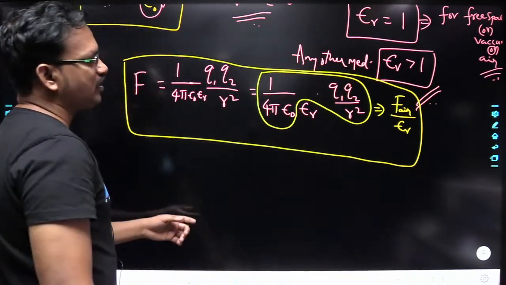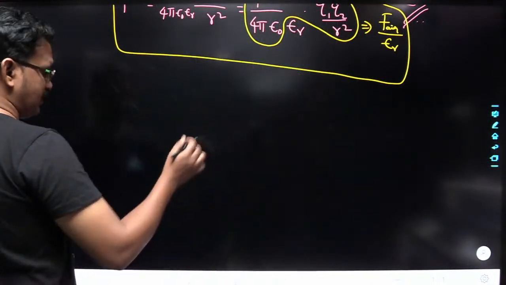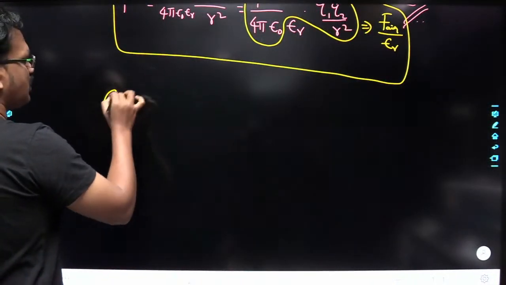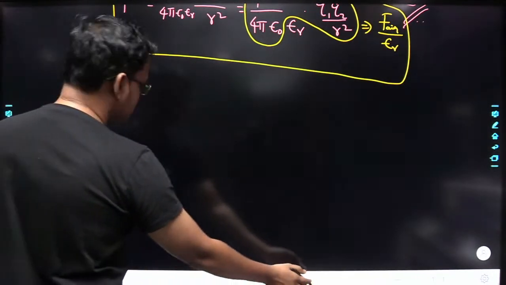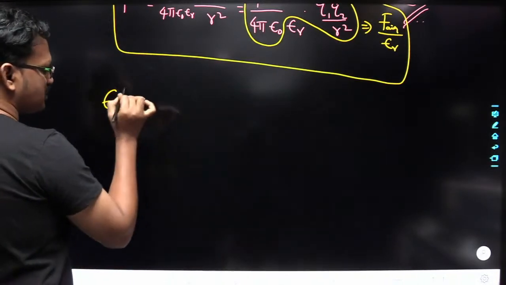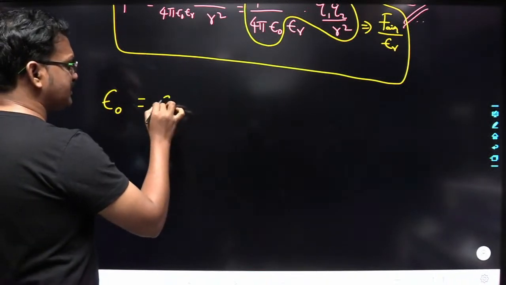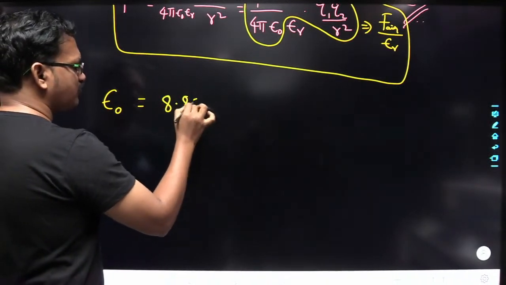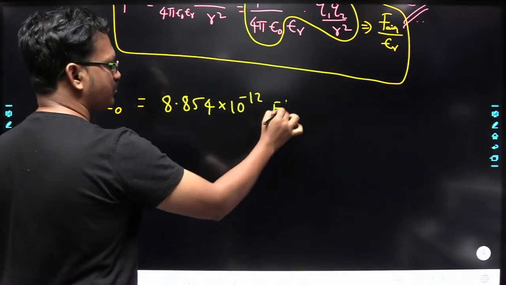Now one more thing I want to specify is about this epsilon naught value. Epsilon naught is called the permittivity of free space. What is its value? You may know that its value is 8.854 into 10 to the power of minus 12 farad per meter.